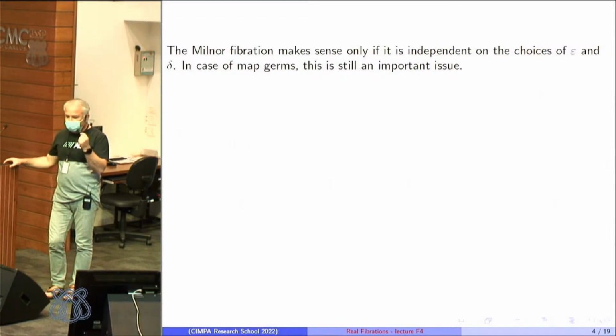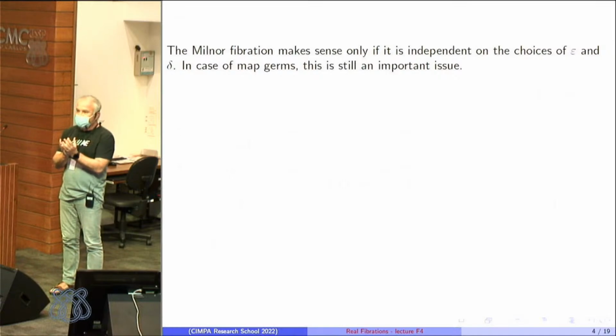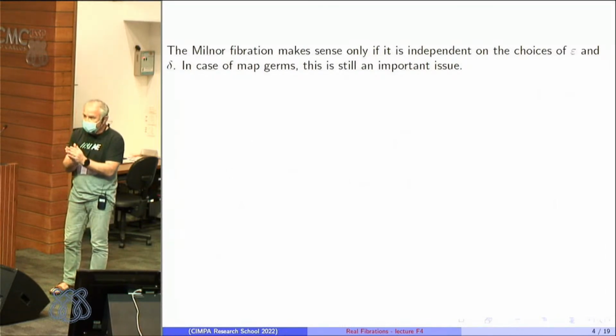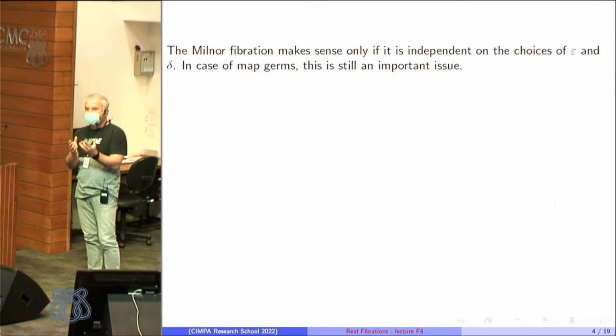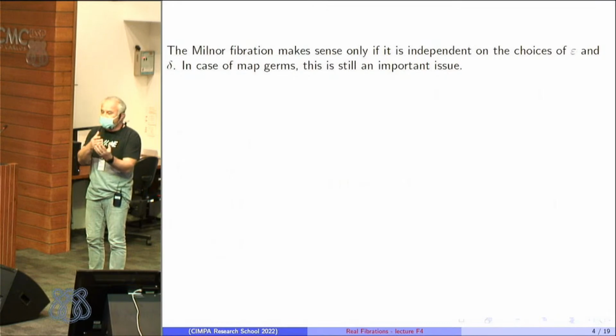More than that, you talk about germs of functions. The germ itself is not a function. It's an equivalence class of functions. It's a very simple equivalence relation, but it's an equivalence relation. And whenever you work with an equivalence relation, you have to check that whatever object you define does not depend on the class, on the representative.